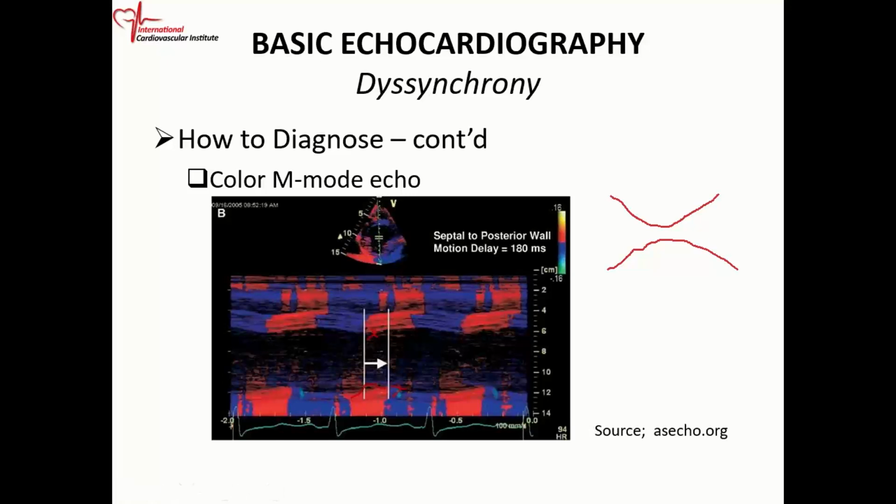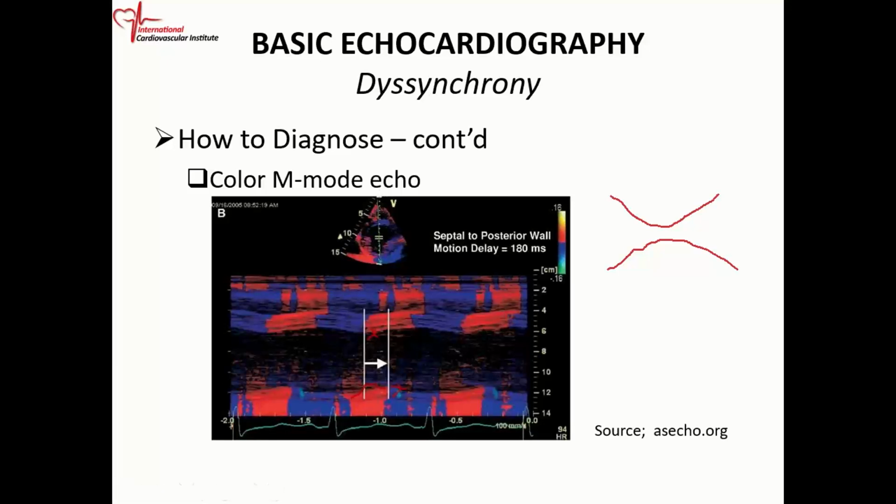You can also use color to look at it. So again, your transducer is right there. If there's motion towards the transducer, it's going to be in red.